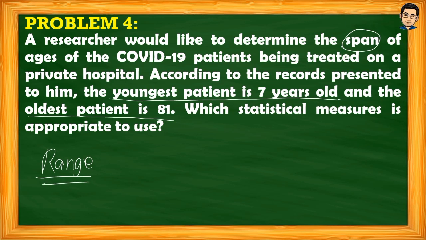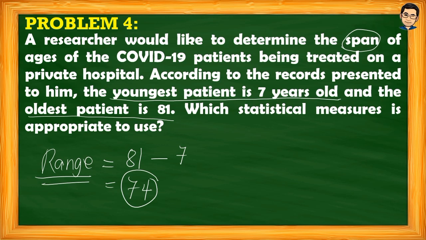Take note that range is the difference between the highest score and the lowest score. So, yung oldest patient natin dito is 81. And then, yung youngest patient natin is 7 years old. So, 81 minus 7, we have 74. So, ito yung span of ages ng COVID-19 patients na ginagamot sa isang private hospital.